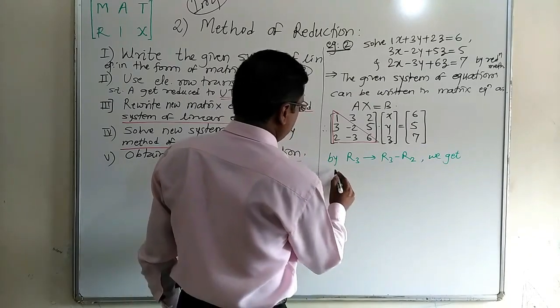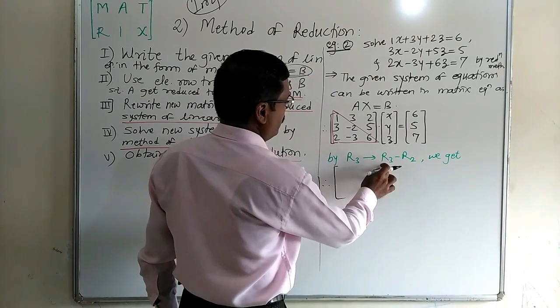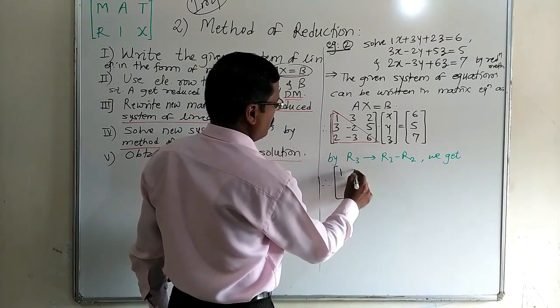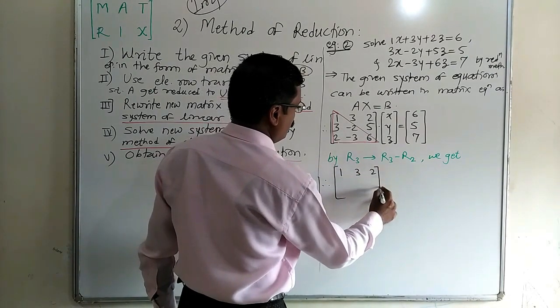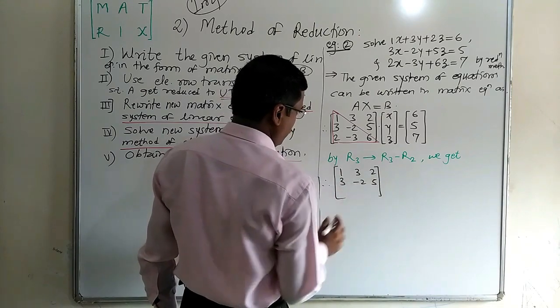the changes in R3. So first row R1 is 1, 3, 2, and the second row 3, minus 2, 5 remains unchanged.